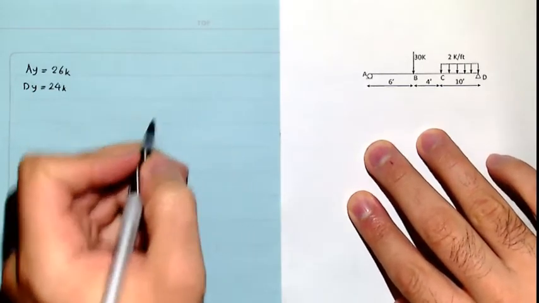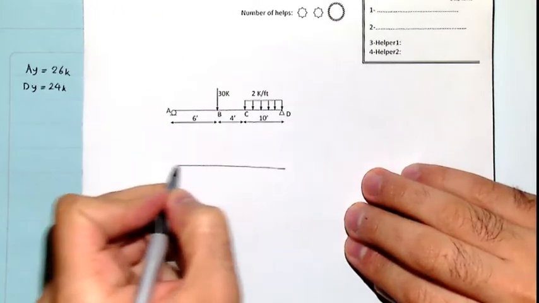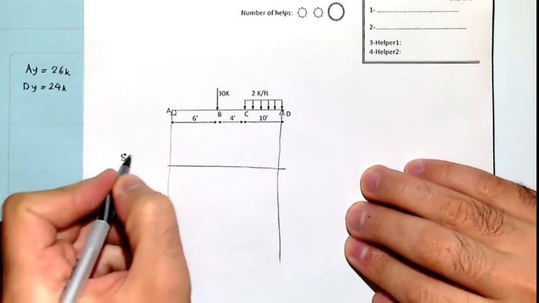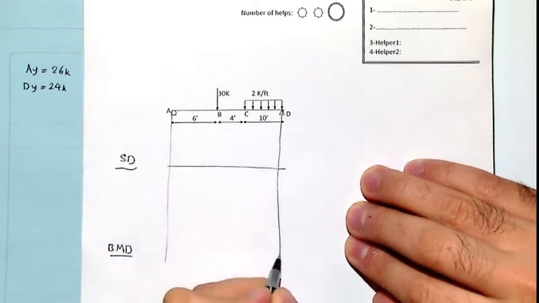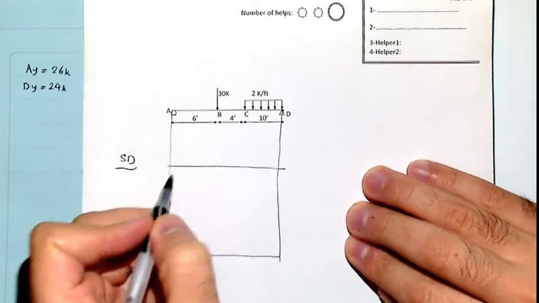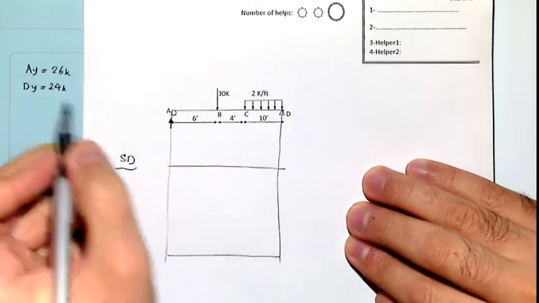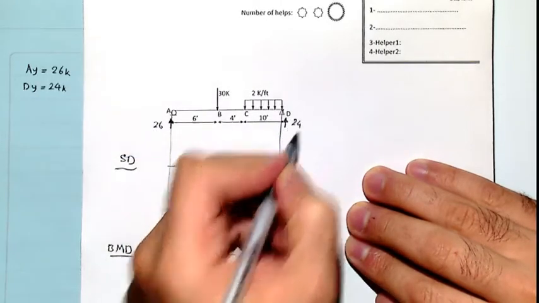So, very simple, we're going to draw a line for the shear diagram, and here we're going to talk about the bending moment diagram. AY is 26 and DY is 24.